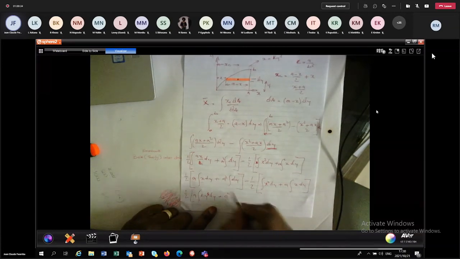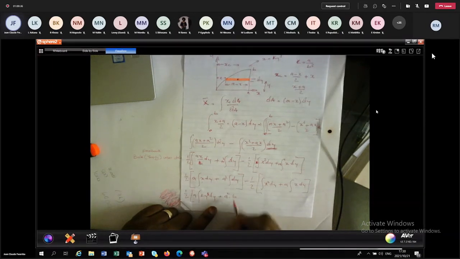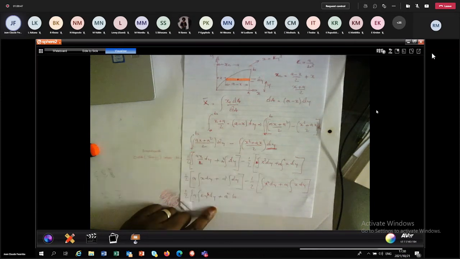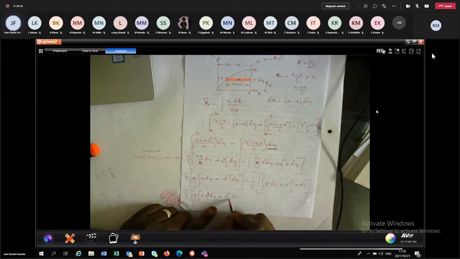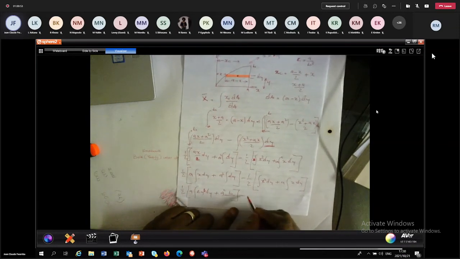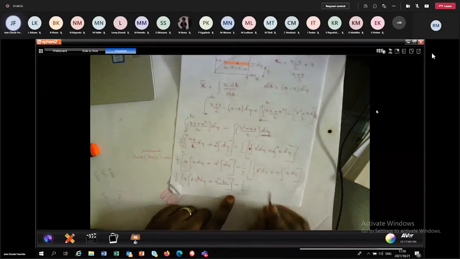That will be times b, right? Because there is 1 there. If I do my integration, it will be equal to b because my limits are from b to 0. So this is sorted, minus 1/2 going on the other side.